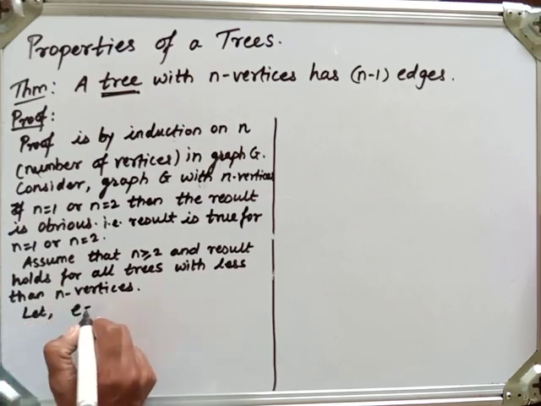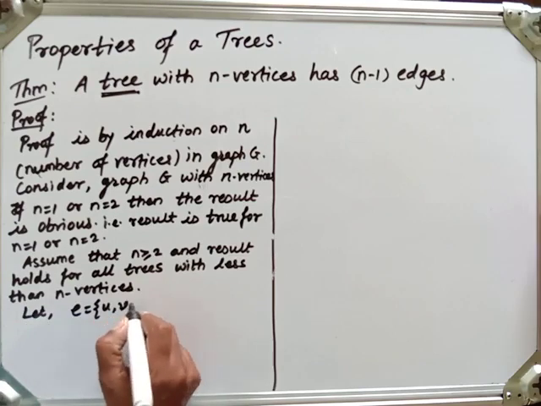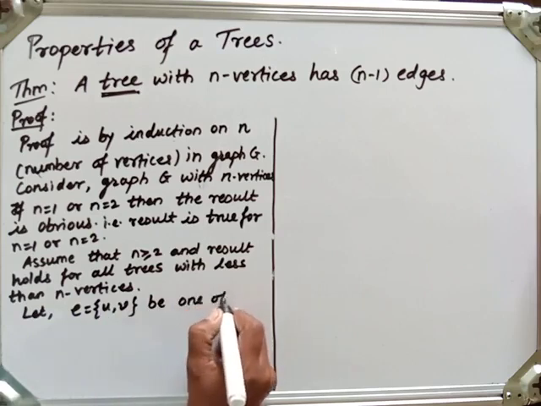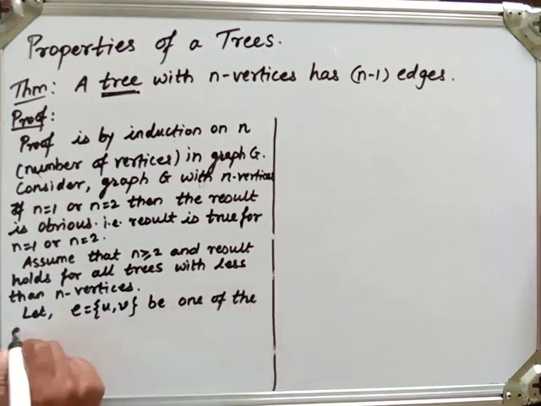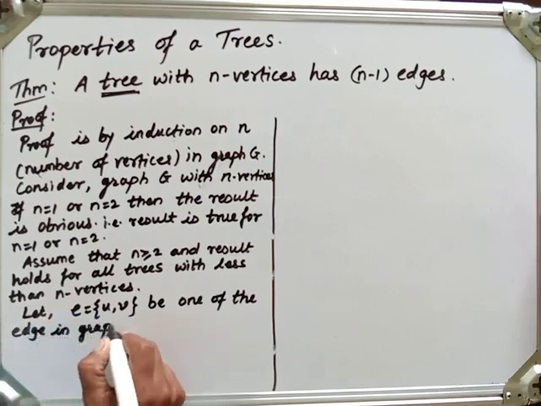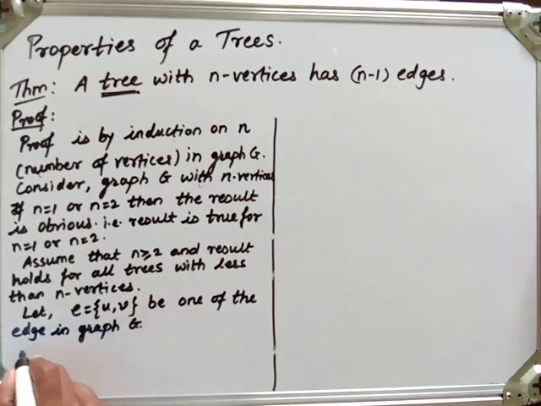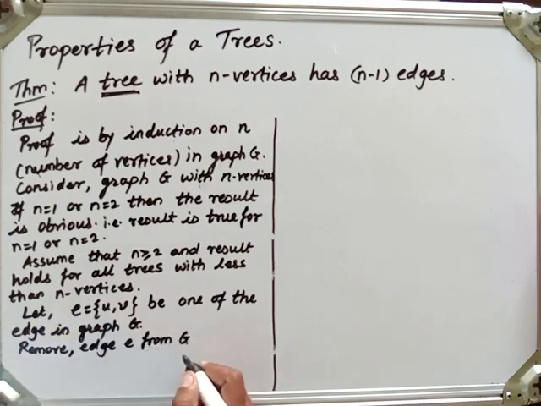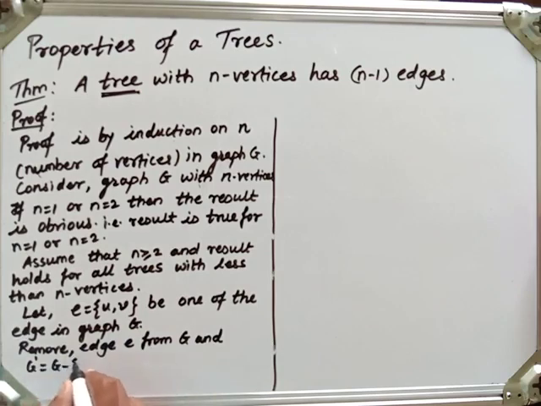So let e be an edge between u and v, one of the edges in graph G. Remove edge e from G, and a new graph will form, that is G dash, which is G minus e.